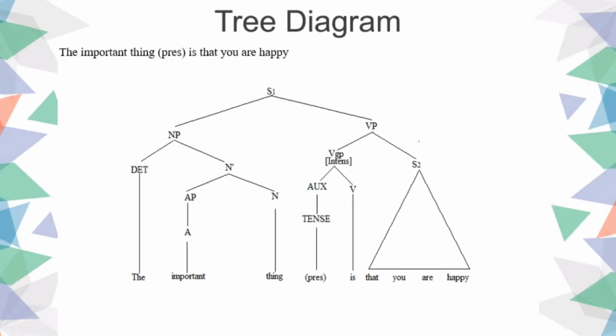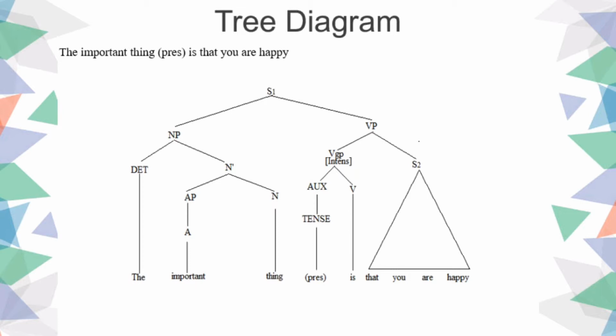Well friends, now I would like to explain about the tree diagram of complement clause. For example, the important thing is that you are happy. For the first, we have S1, which means main clause, and S1 is divided into two parts. They are noun phrase and verb phrase.